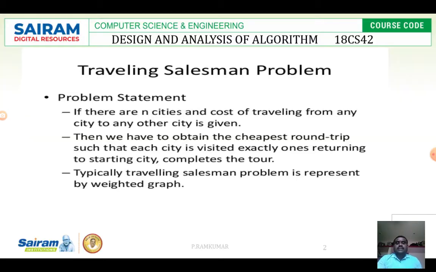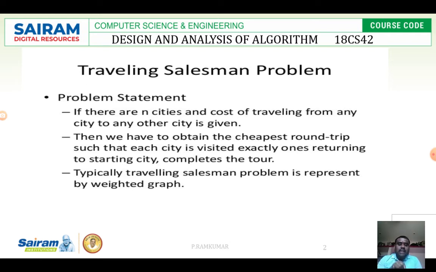So next one is the problem statement. Consider there are n cities and the cost of traveling from any city to any other city is given. Then we have to choose the minimum cost to reach the corresponding destination, and at last I have to return back to the starting position.